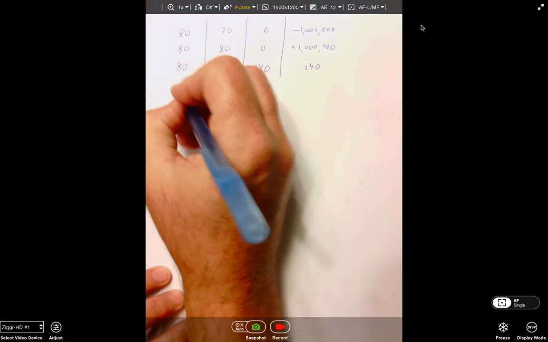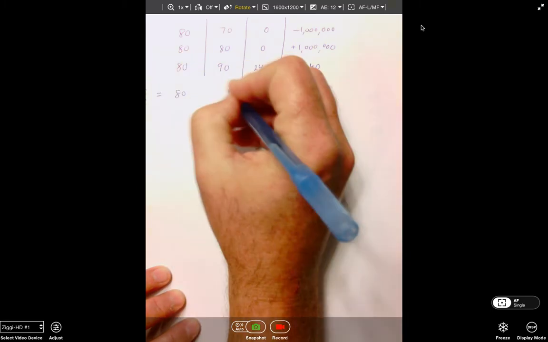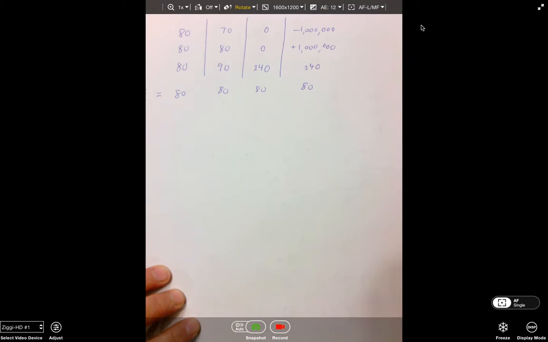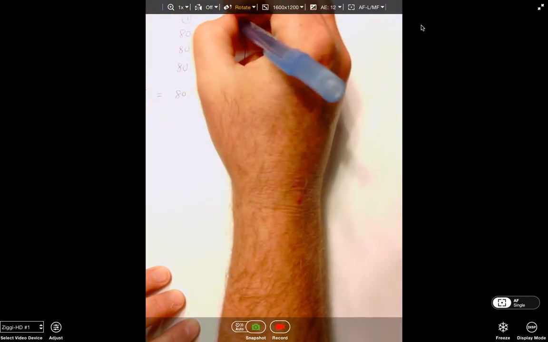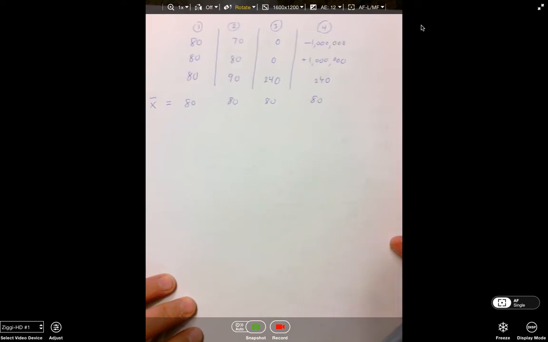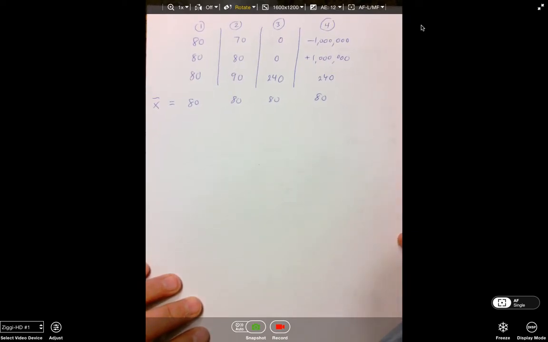So guys, in all of these situations, we have the mean equal to 80. But in no way, shape, form, or fashion are these 4 data sets of 3 numbers telling us the same story.